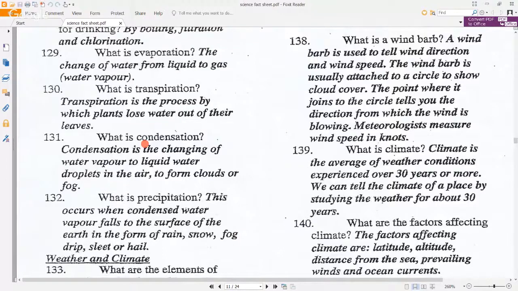Condensation is the changing of water vapor to liquid water droplets in the air to form clouds or fog. What is precipitation? This occurs when condensed water vapor falls to the surface of the earth, in the form of rain, snow, fog, drip, sleet, or hail.